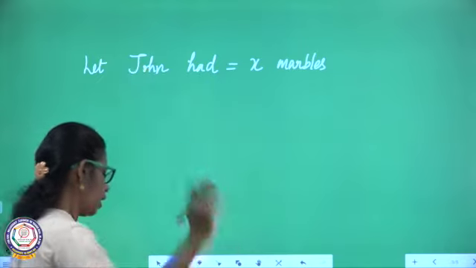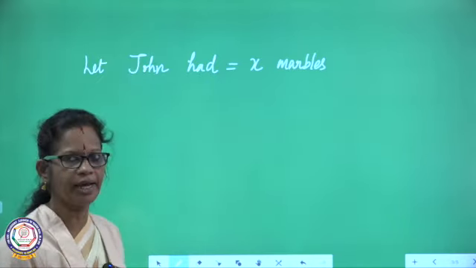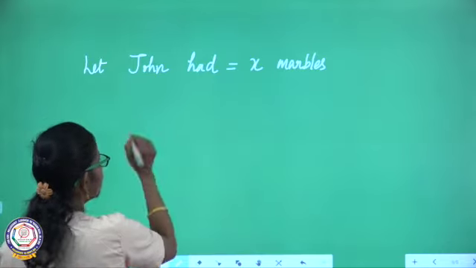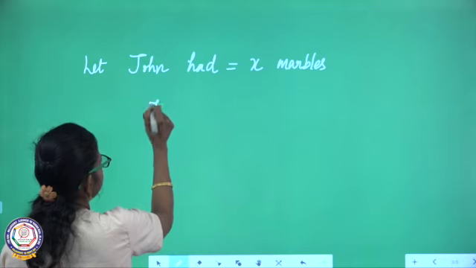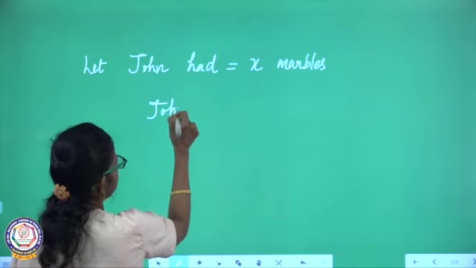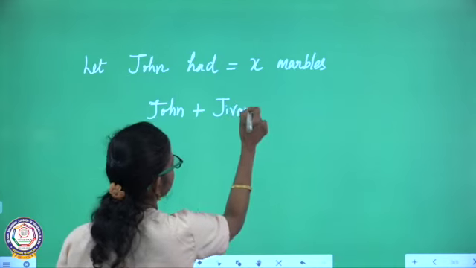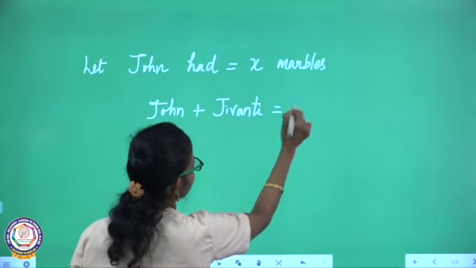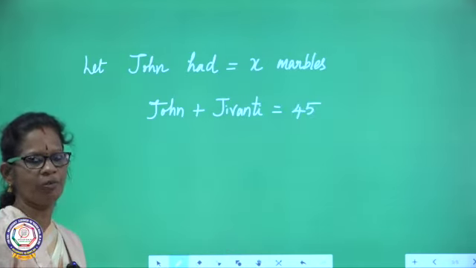John had X marbles. That is, John had the number of marbles I consider as X. Together the word is given. I said John plus Jivanti, what they said, 45. Together they had 45 marbles.